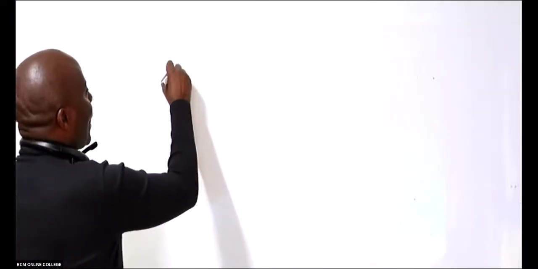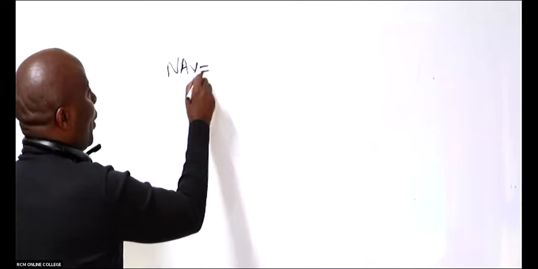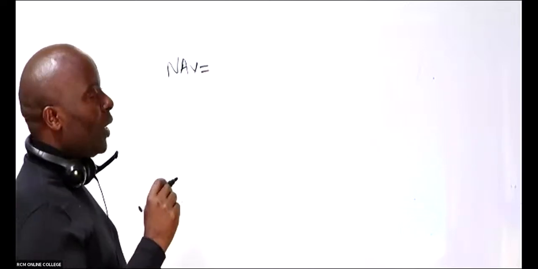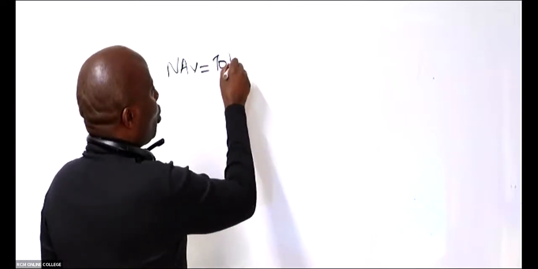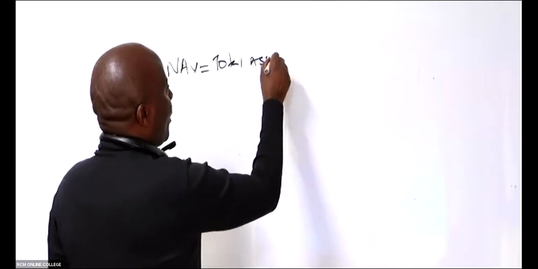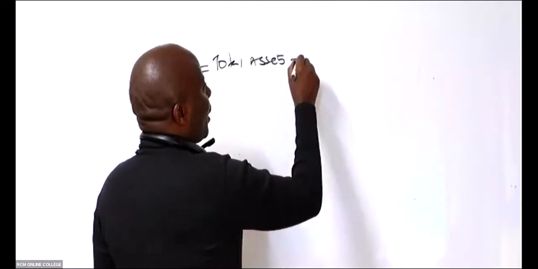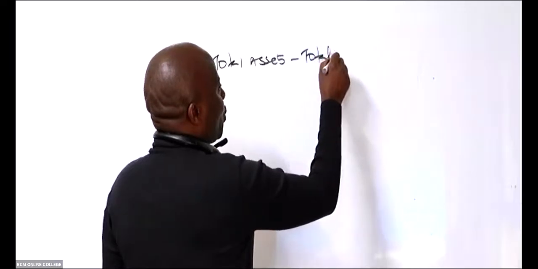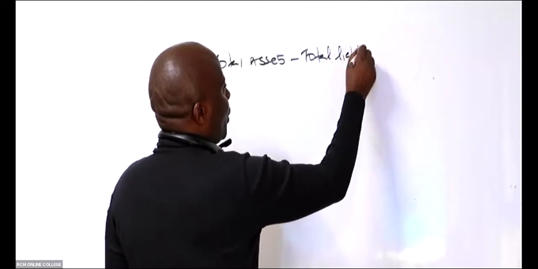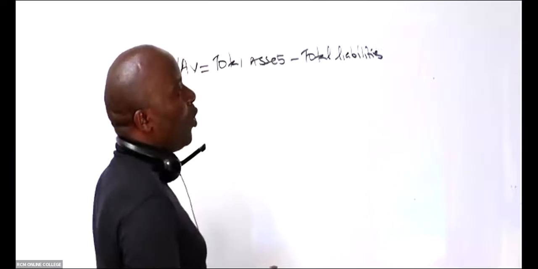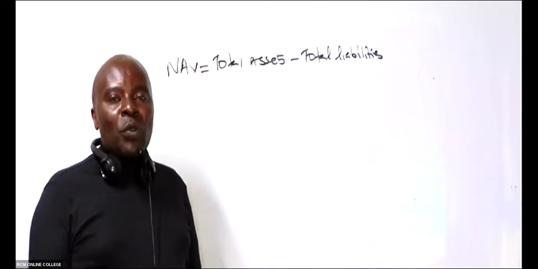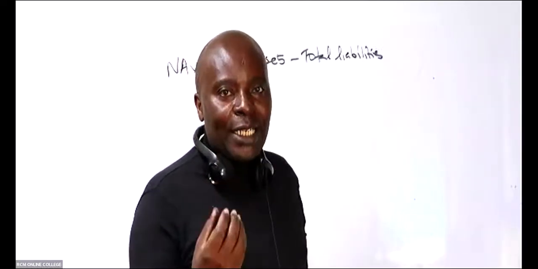Yeah, so please allow me to remind you, great students of mine, whenever we talk of net asset value, we are looking at total assets minus, ladies and gentlemen, total liabilities. So basically, we are looking at a situation where the firm will be valued at the equity.